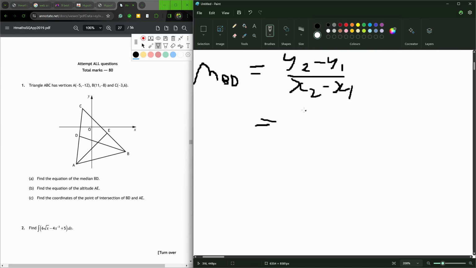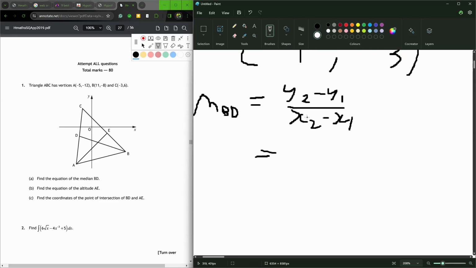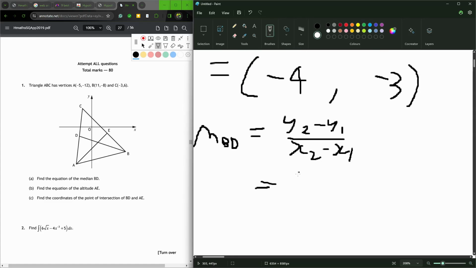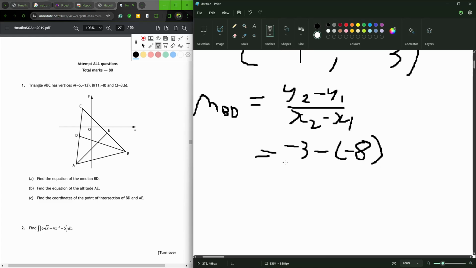Right, so let's substitute the numbers into our equation. We'll have y2 as D this time, so that means minus 3 minus, and then we go to B, which is minus 8. We'll put those in brackets because otherwise these double minuses can get quite confusing. Then over here, that's a minus 4, and we're going to 11.